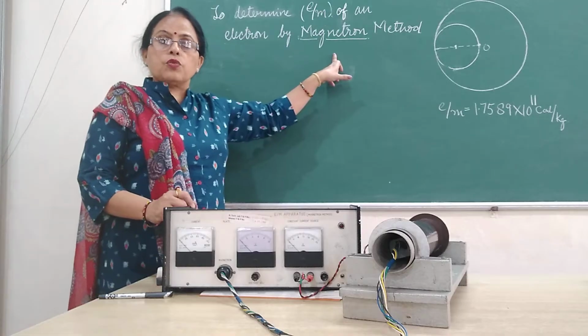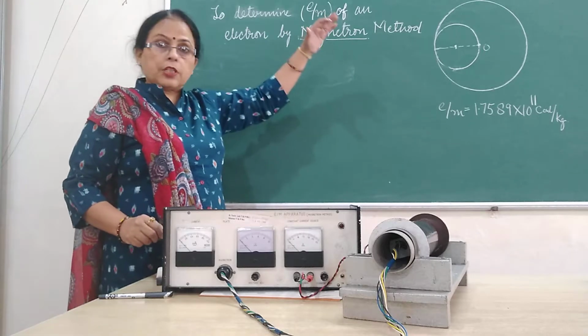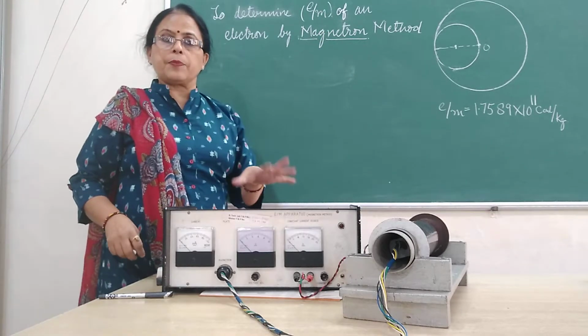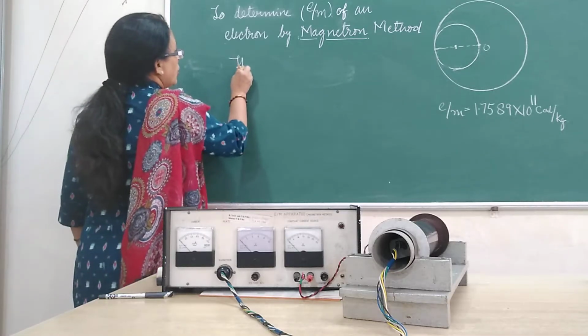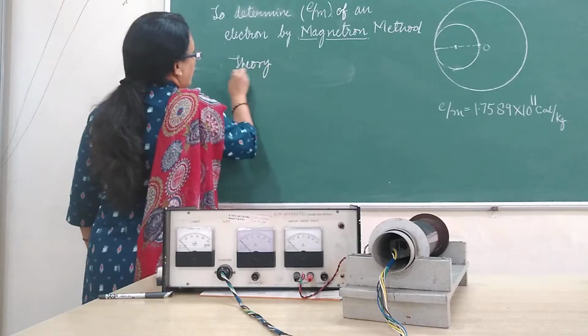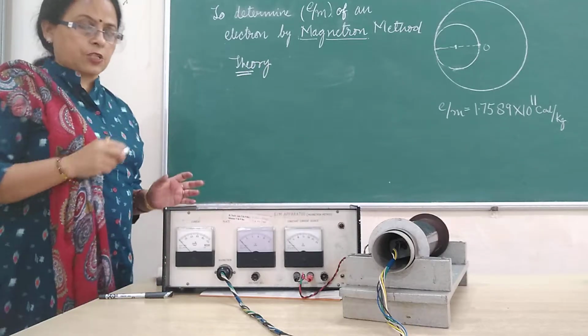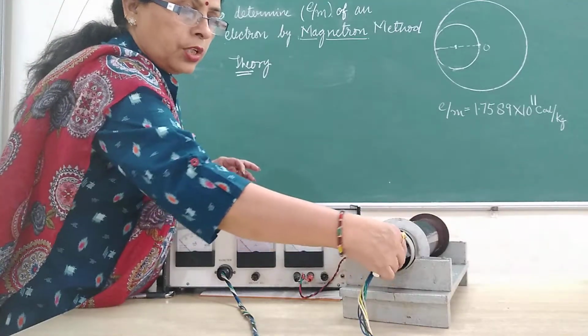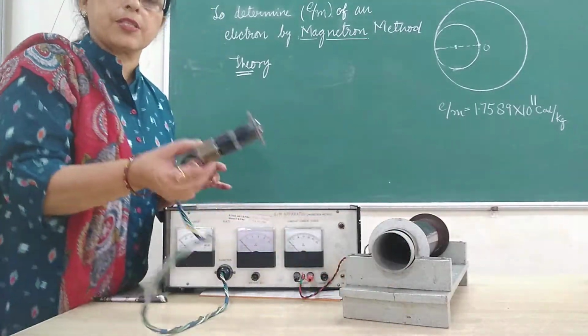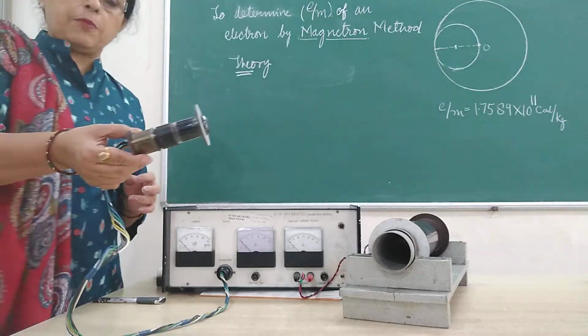So before going into the apparatus setup and how to take the reading, let us first discuss the theory of this experiment. First of all I would like to show you the magnetron, which is the basis of this experiment.